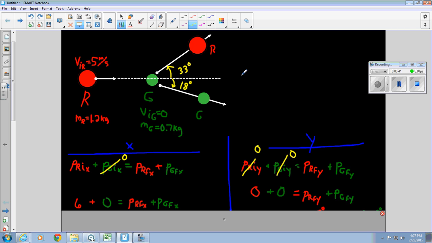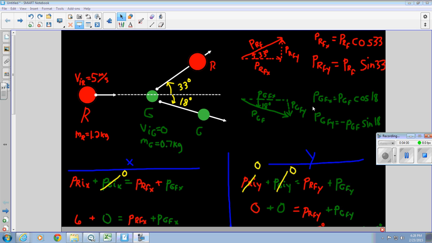So we need to do our trig to reduce those down, and we'll do our trig to put these components into their vector term without the x or y components. And what we have is, the momentum vector for the red ball has x and y components.